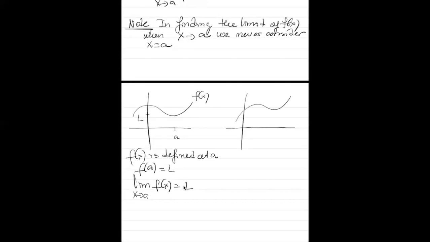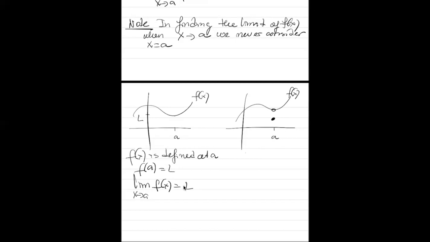Now let's change this. The same function f of x, but when x equals a, we're going to have a hole here. That graph has a hole. In other words, it's not defined at that point, but we're going to add a filled-in circle here.